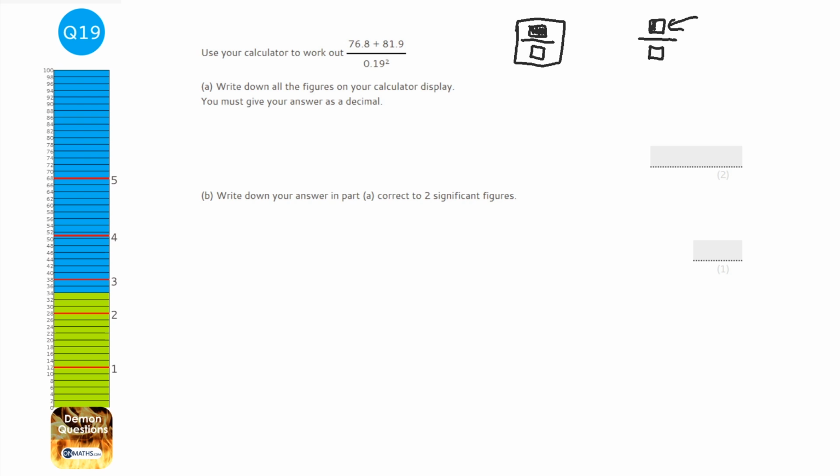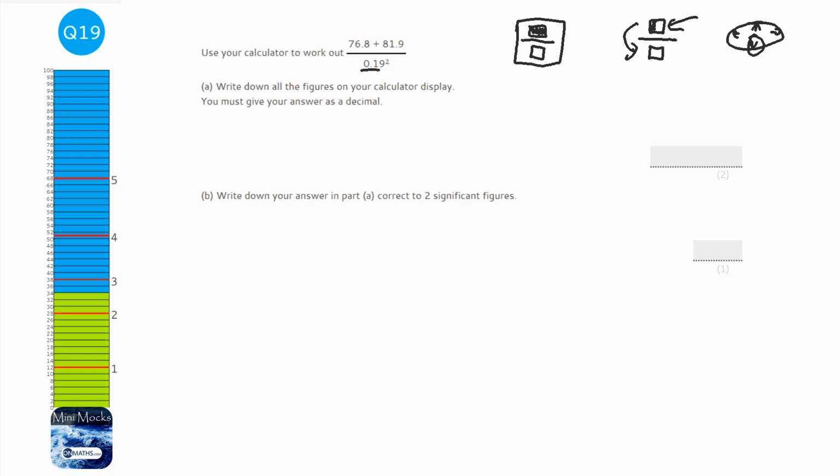So 76.8 plus 81.9. Okay, and to shift downwards on the Casio calculators, there's a cursor stick, a direction button. It's the big blue button beneath the screen on most of the calculators, and you just push down to go to the denominator of the fraction.